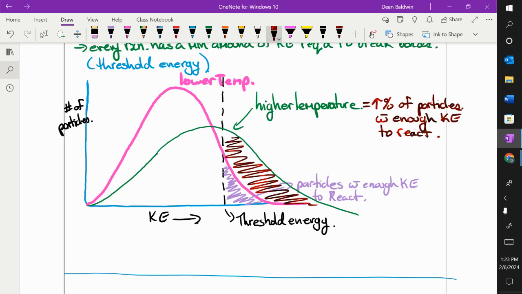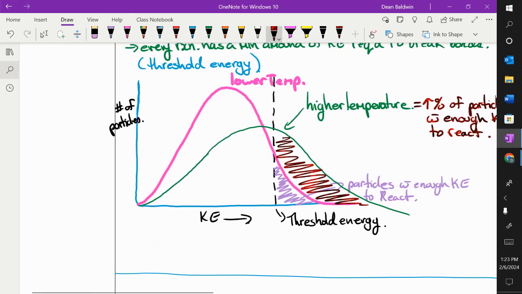Whereas the initial one, the pink one, is the water I didn't heat up. You only have a small amount of molecules that can react, so it takes its time. You heat it up, you have more molecules with a higher kinetic energy, which are past the threshold, therefore you get a faster reaction because more molecules are reacting.